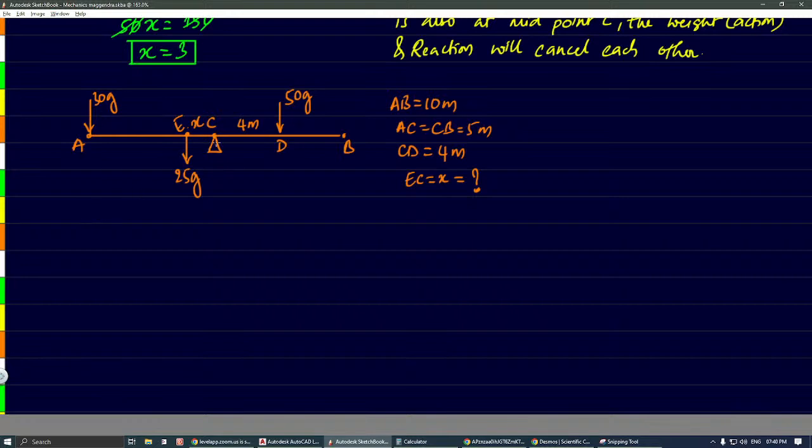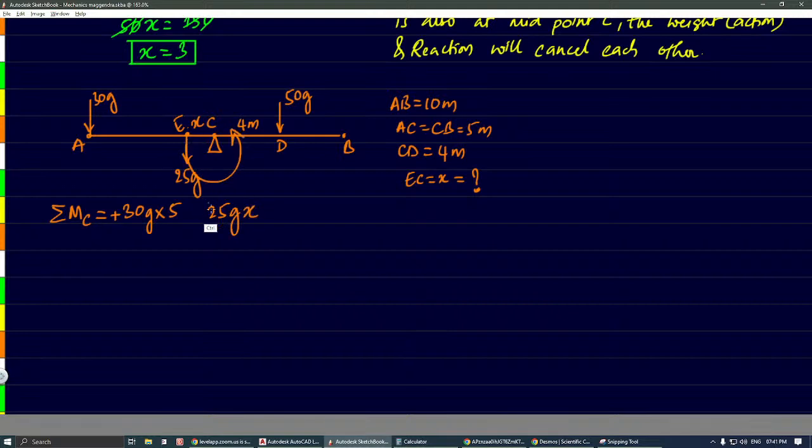Because we are not interested in finding the reaction at C, let's take moments at C. Let's take the sum of moments at C. So 30G into AC. AC length is 5 meters. This is moving in anti-clockwise, so plus. Then 25G into x.